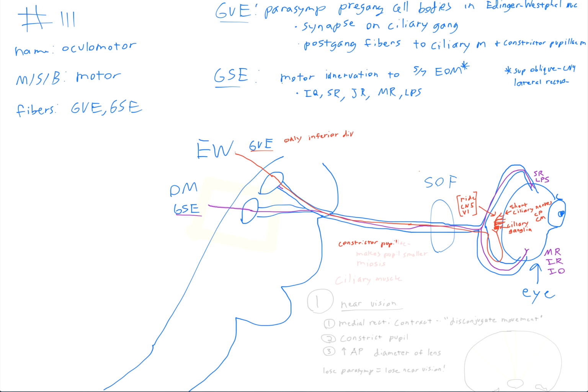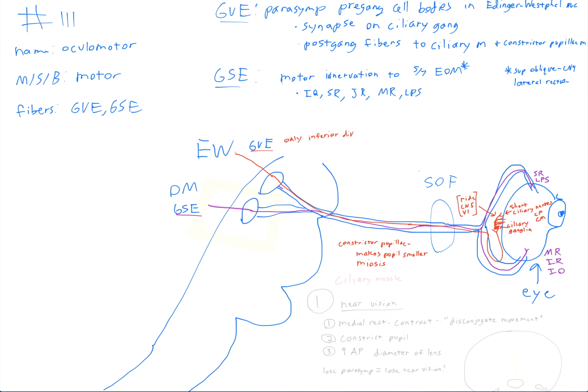The clinical term for a small pupil is called miosis, M-I-O-S-I-S. So the constrictor pupillae is innervated by parasympathetics whose function is to make the pupil smaller. We'll talk about why in just a second.